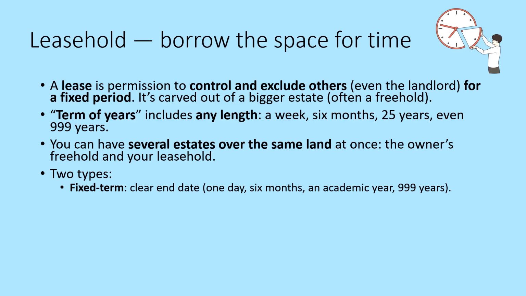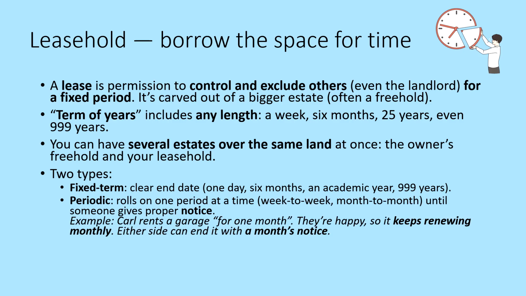For leaseholds, basically there's two main types that you should know. One is the fixed term, where there's a really clear end date. That is easy to specify, even if it's really long, like 999 years. That still works as long as there's a clear end date.